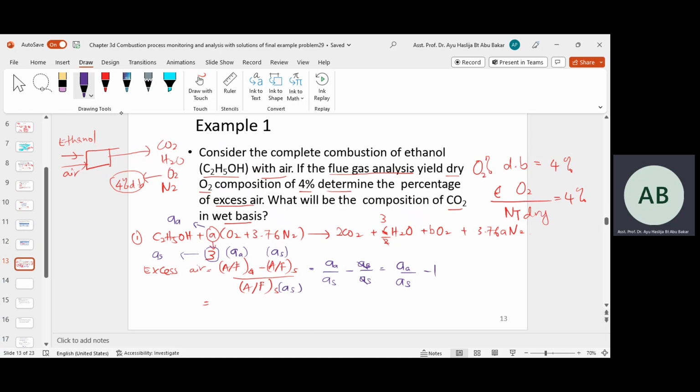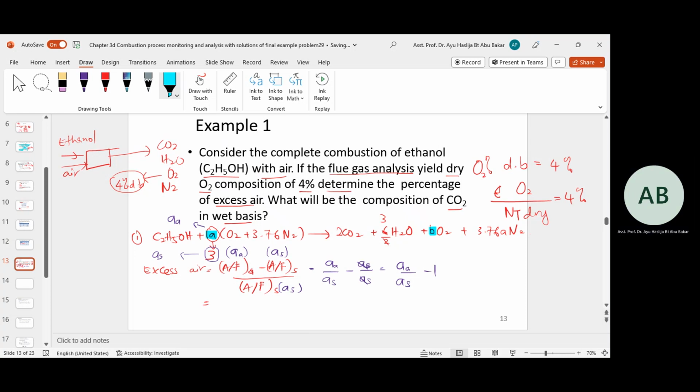How many unknowns for the actual do you have from the combustion equation over here? Do you know the A actual? Do you know the B? No, right.